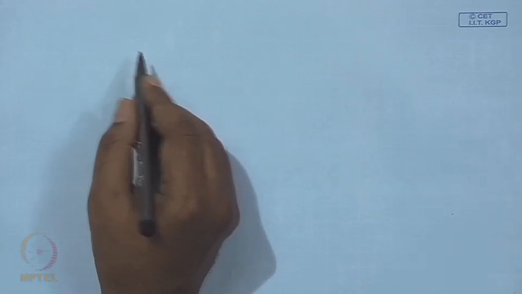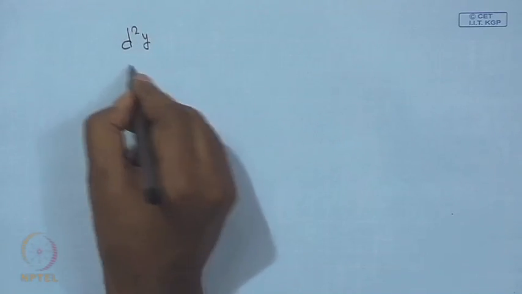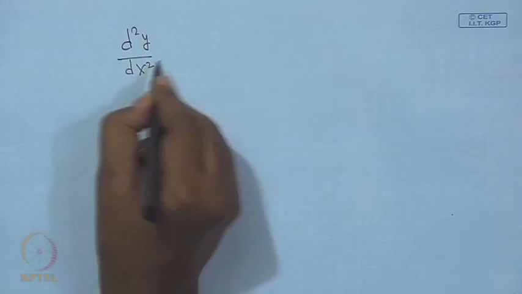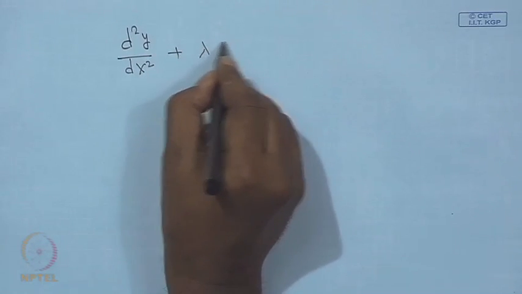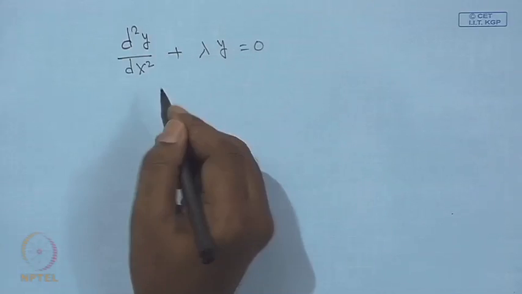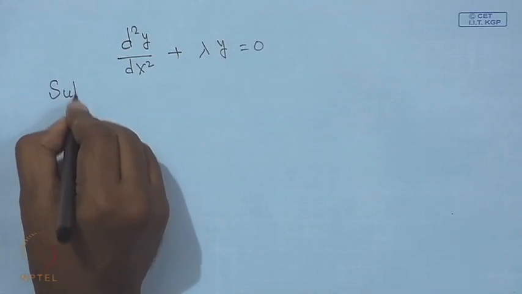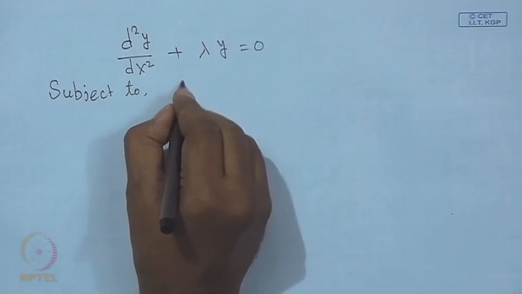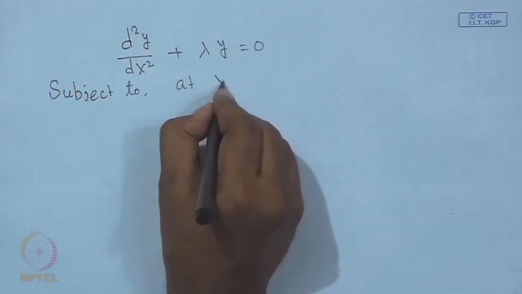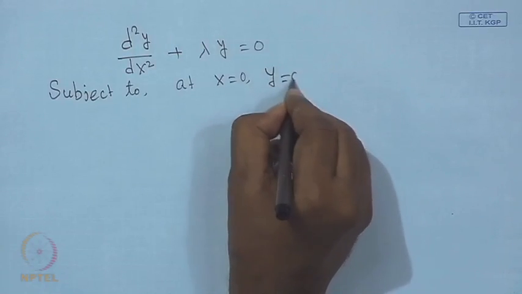So, let us consider the same equation d square y dx square plus lambda y is equal to 0, but we change the boundary conditions in this case. Subject to BC: at x is equal to 0, y is equal to 0.